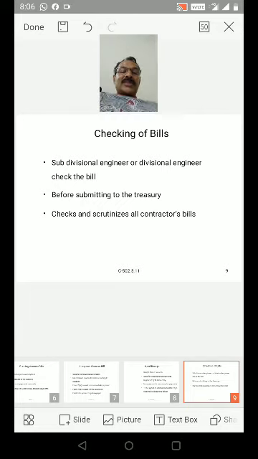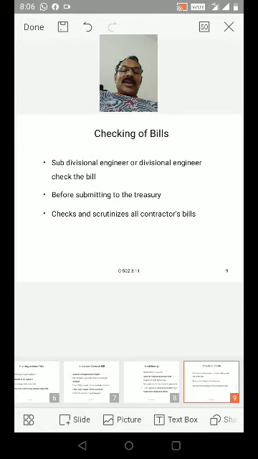All contractors submit the bills, and all those bills will be checked and scrutinized by the subdivisional engineer, deputy executive engineer, or divisional engineer, executive engineer, before submitting to the treasury.